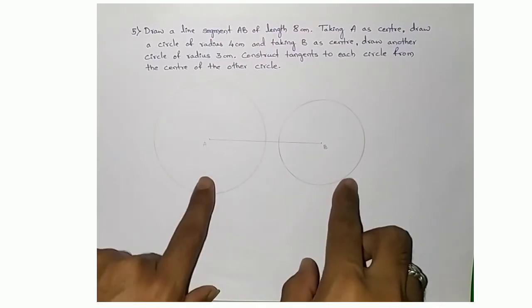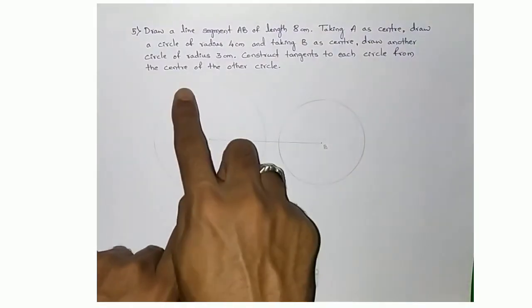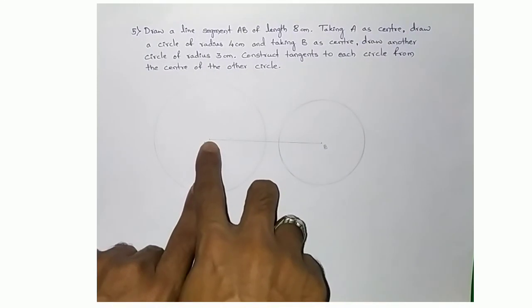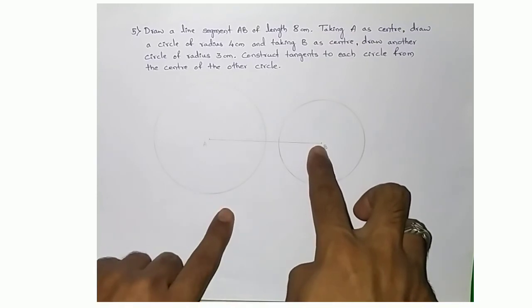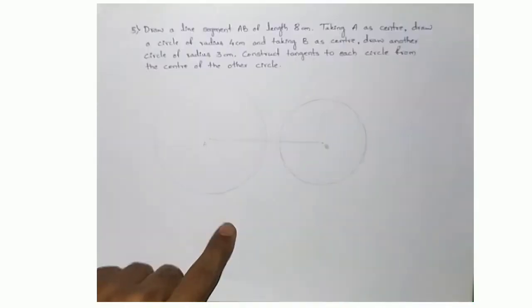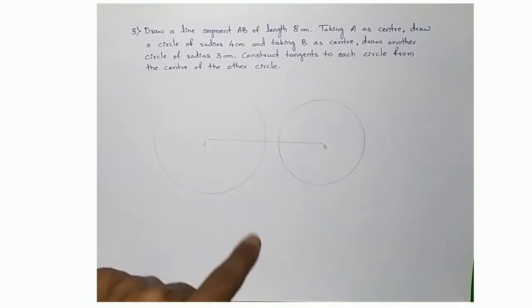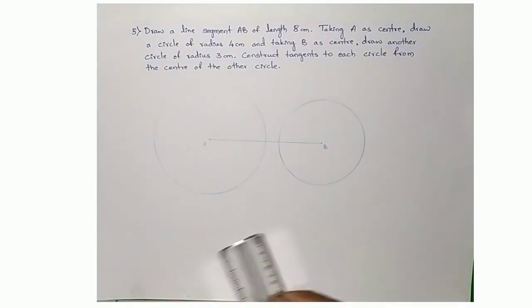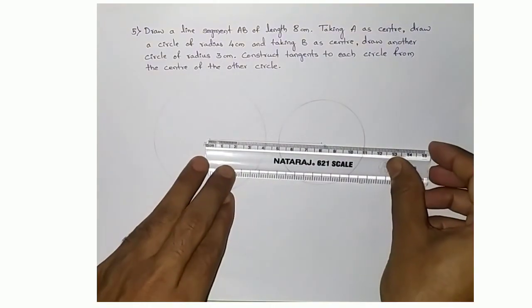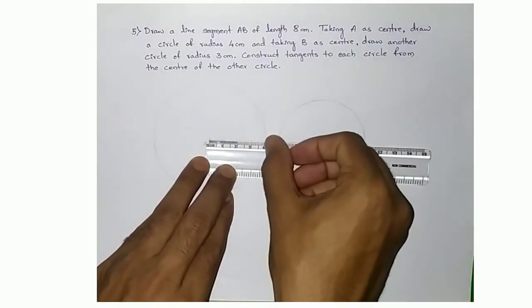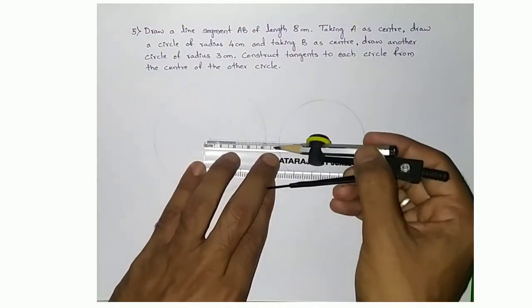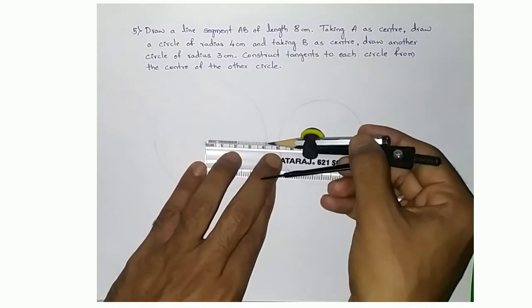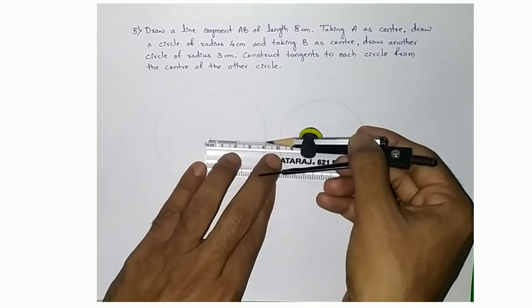For every circle we have to draw the tangents from the center of the other circle. Means from A we have to draw two tangents to the B circle, and from B we have to draw the two tangents to the circle A. So for this we need the center point. Okay, so already it is 8 cm, so directly take its midpoint, that will be 4 cm. So from the 4 cm point, it will exactly come on the circle which has the 4 cm radius.